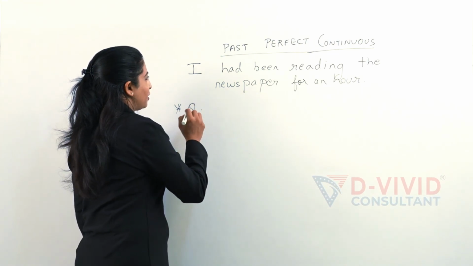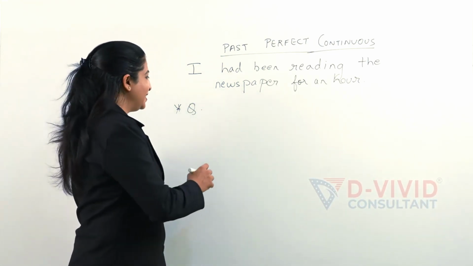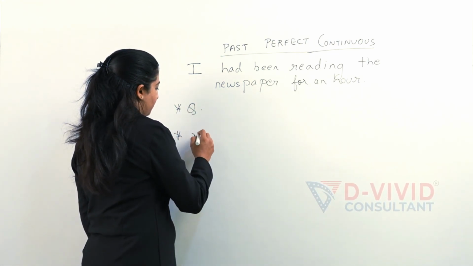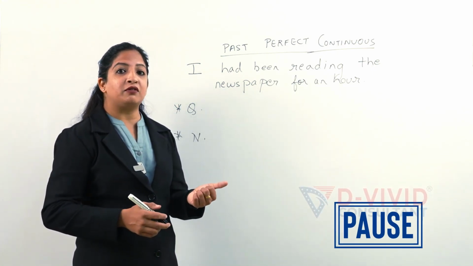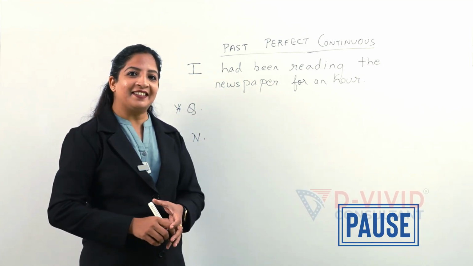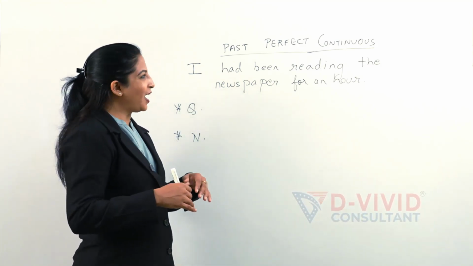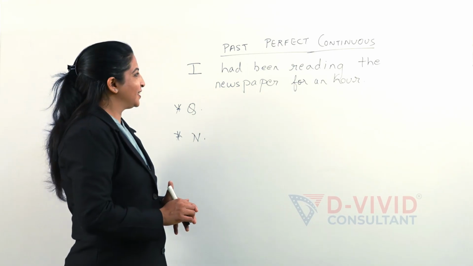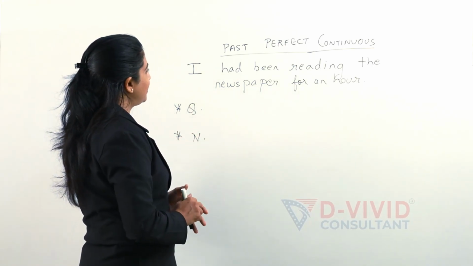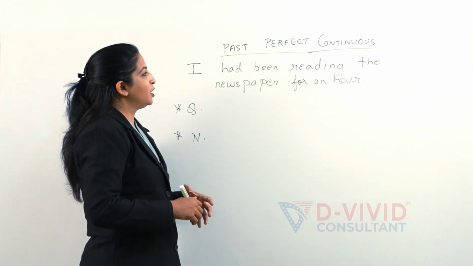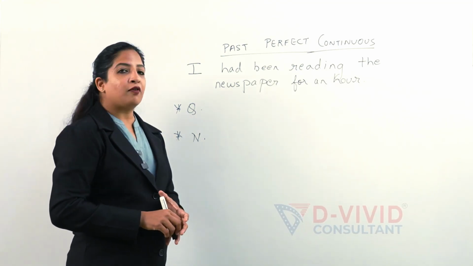Let us try converting it into question and negative form. Would you like to try it by yourself? Go ahead, pause the video, make 2 sentences and come back and we'll write together. Ready? The sentence says that I had been reading the newspaper for an hour.